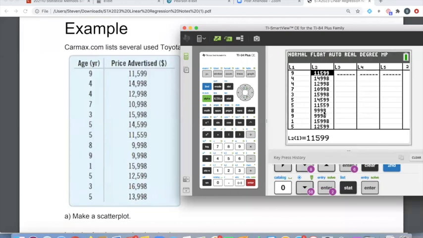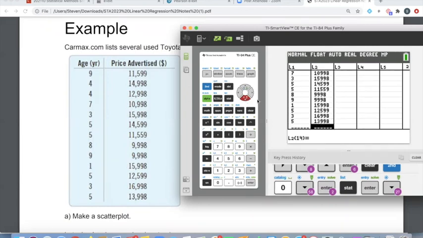They better be beside each other. But if you accidentally skip one, they don't have to go in this order. So type all the X's into L1, all the Y's into L2. Notice that they end on the same line. If one list is longer than the other, you've done goofed.